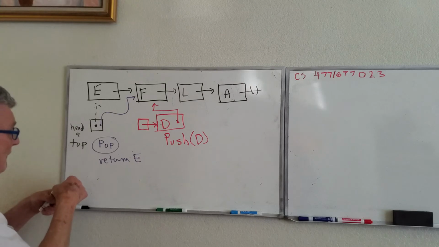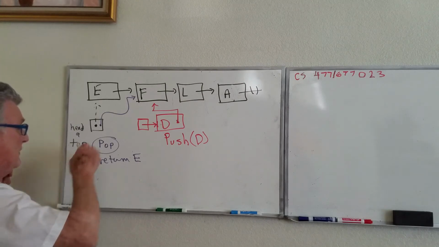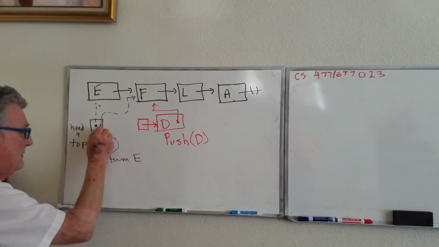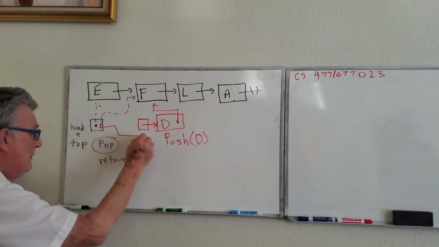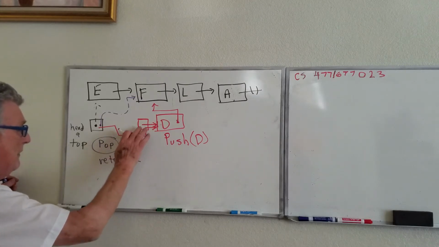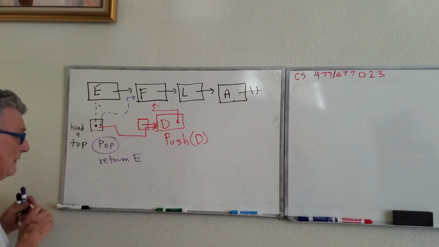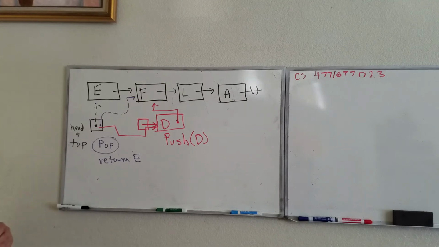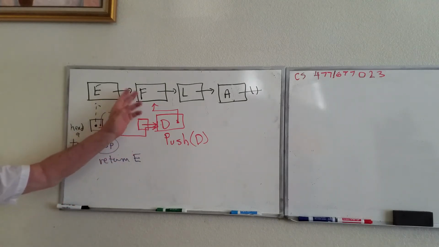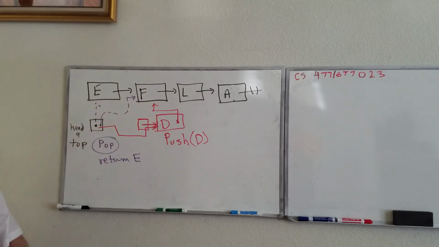So that means that this particular pointer will be reassigned, and will now point to that, because we're now copying this value into there. And now we have pushed D. So now the current stack has D as the top element, then F, then L, then A.